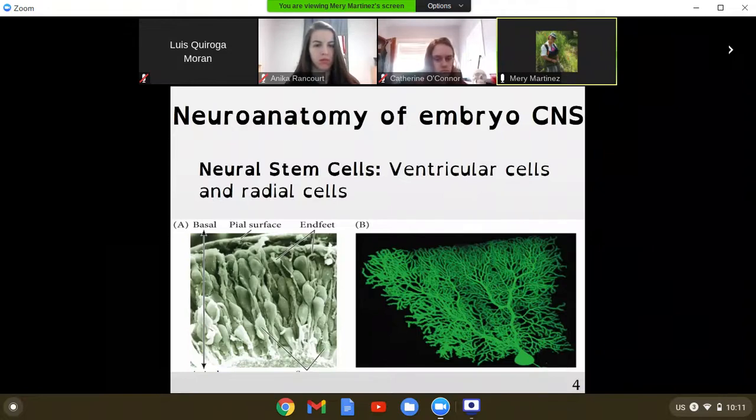If we look at a brain of a vertebrate, they have about 170 billion cells between neurons and glial cells. That's a whole whack of cells, right? 170 billion cells. From those, we have some neural stem cells.